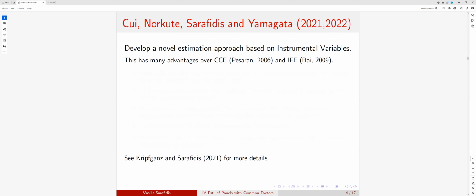Now, CCE and IFE complement one another. Our approach essentially fills in various gaps between these estimators and has several advantages over them. In particular, to begin with, our approach is free from incidental parameters bias, which means that it does not require any bias correction to achieve asymptotically valid inferences.